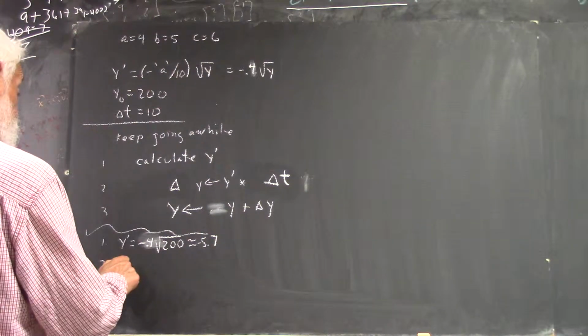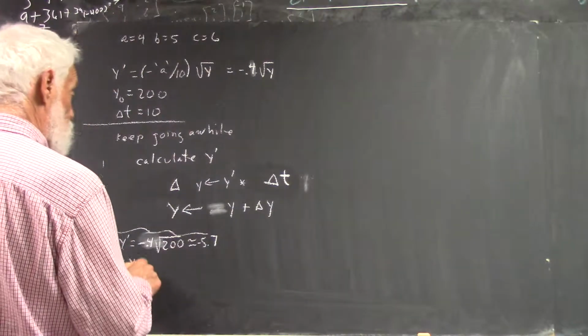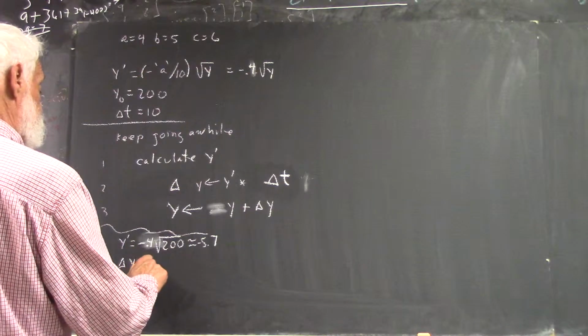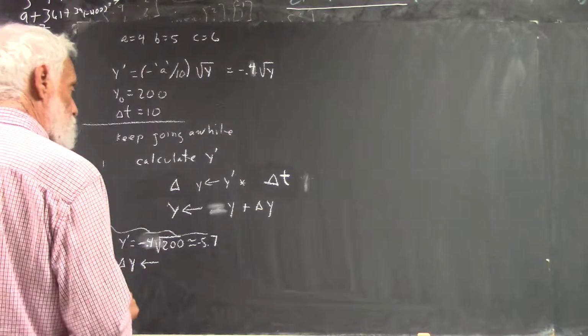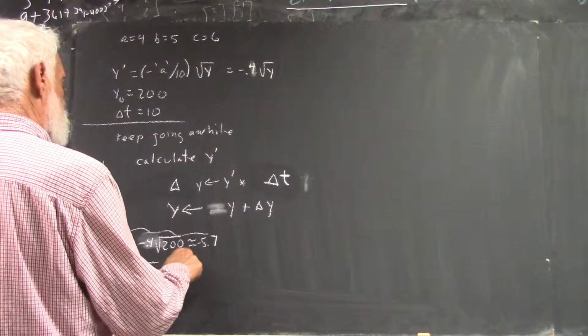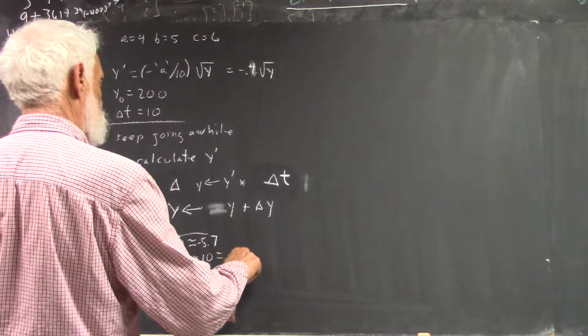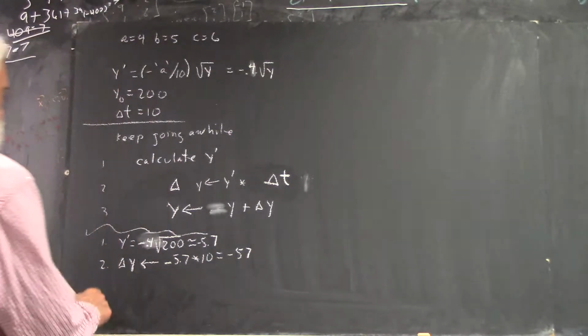And then delta y becomes y prime, which is negative 5.7, times delta t, which is 10, which is negative 57.